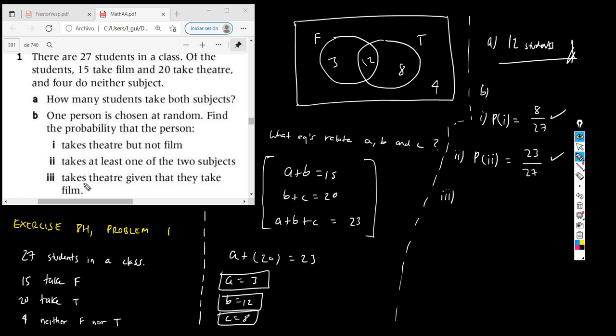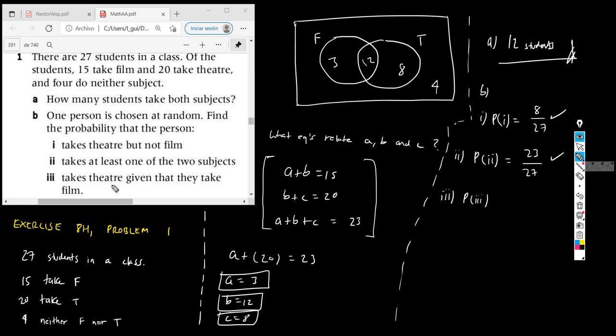And the third question, what is the probability that the person takes theater given that they take film? Okay, that sounds a little more complicated. Let's see. So, what is the probability of this event that I'm calling event 3? Maybe not a very good name, but anyway. So, what is the probability that they take theater given that they take film?